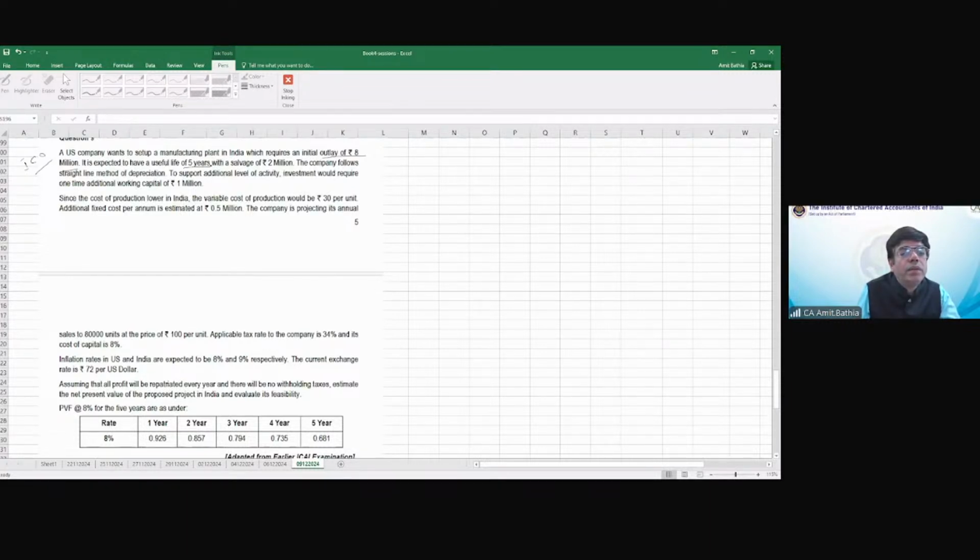Useful life of 5 years with a salvage of 2 million. So, how much will be depreciation? 8 is original cost, minus 2 is the salvage value, upon number of years. 1.2. Am I right? So it will be 6 upon 5, 1.2 million.